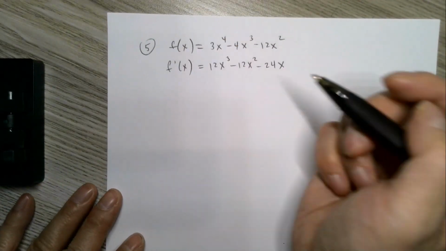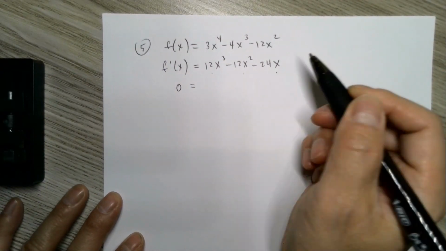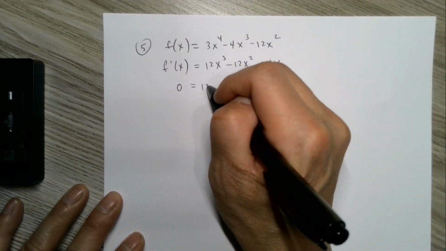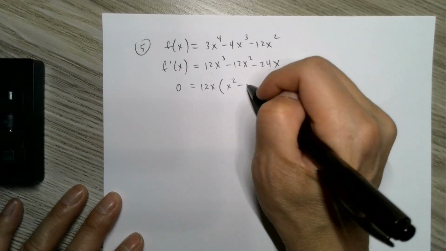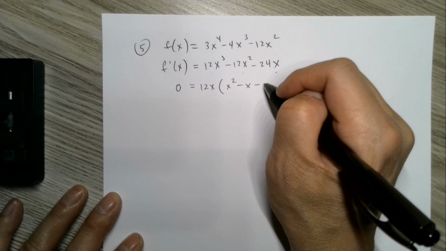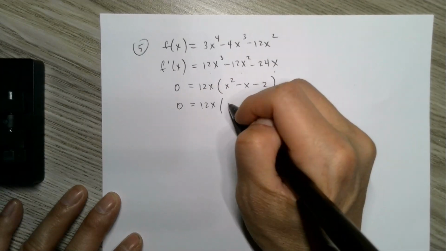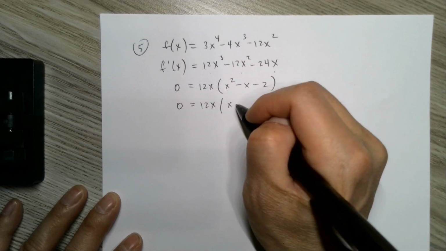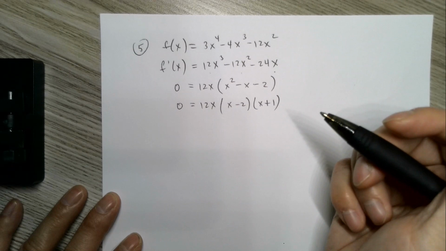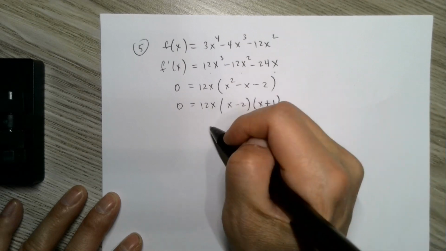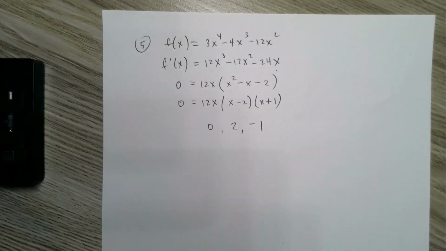Okay, setting the first derivative to 0. And I'm going to go ahead and start factoring this. I'm going to take out 12x. And this is x minus 2, x plus 1. So I've got 3 critical values here, 0, 2, negative 1.